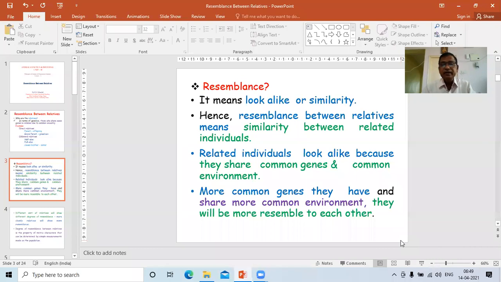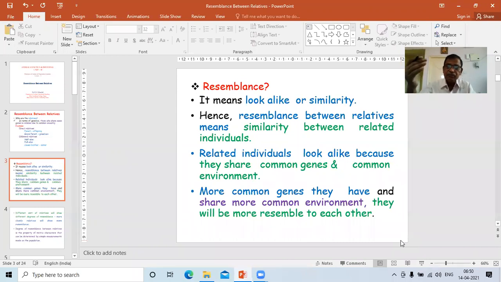So again, if one person, the grandson or granddaughter, has a relationship with the grandsire or the granddam, it is some distance relationship. That means there are two generations ahead. Then the relationship will be halved again.